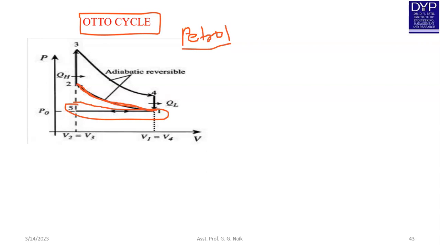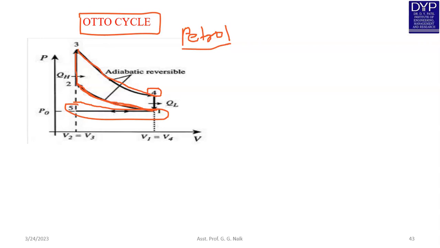2 to 3 is the constant volume heat addition process, because the sparking takes place during this particular process, that is 2 to 3, and heat is added into the system in the combustion chamber with the help of the spark plug. 3 to 4 is the expansion process, where pressure suddenly reduces to the pressure at point number 4.